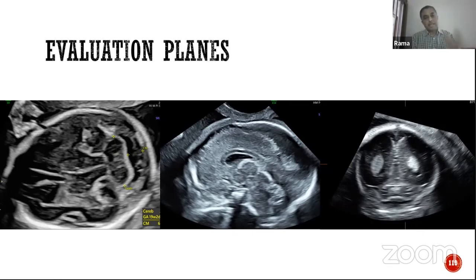Now, this is the anatomy that we see in a slightly cephalad plane. If I move a little more caudad, then what I see is the fourth ventricle, the vermis, and the cisterna magna. So the fourth ventricle on axial section is always wider than longer. That means its transverse diameter is more, the AP diameter is less.